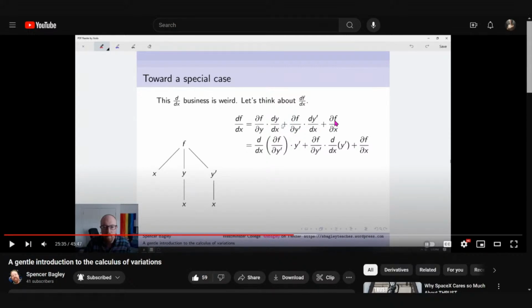What did he just replace? The f dx remains. This remains. This he just modified a little bit. But this thing, the f dy times dy dx. Oh, this is just dy dx. He modified names. Okay, and this thing becomes what he said.